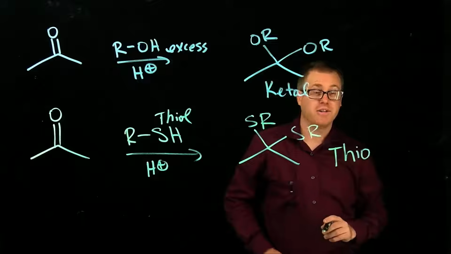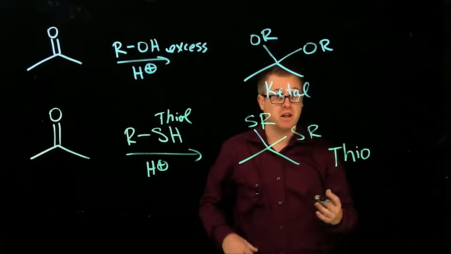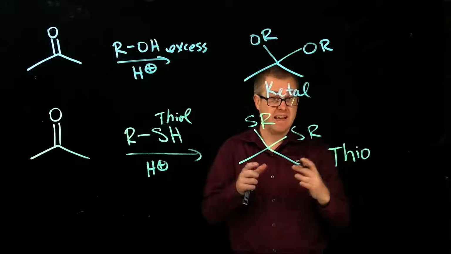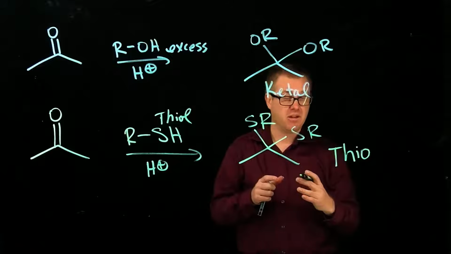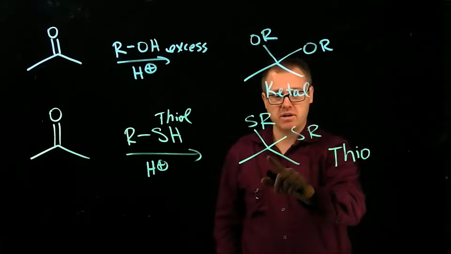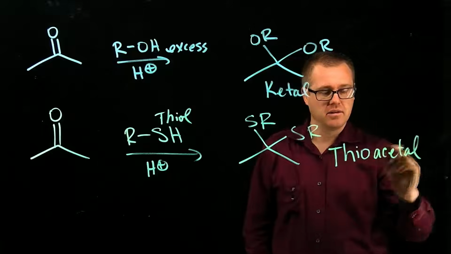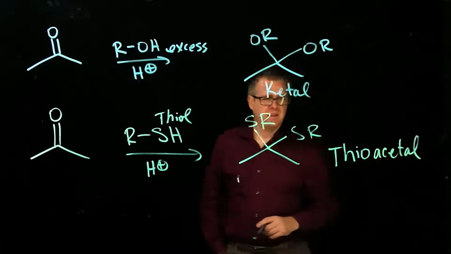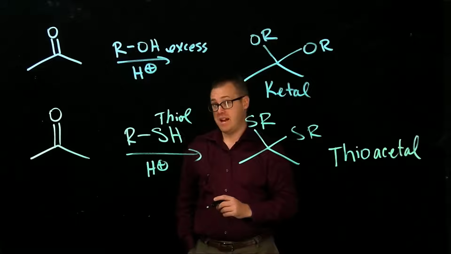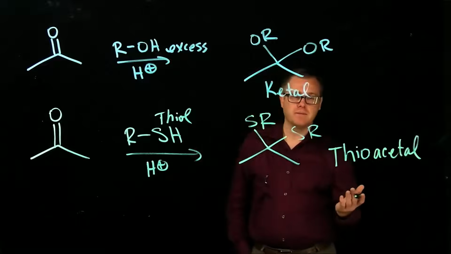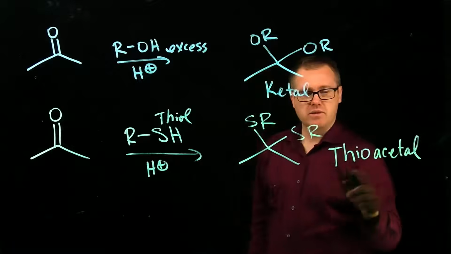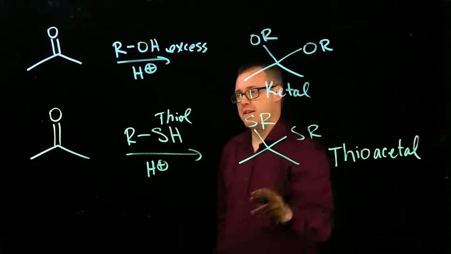Now your book, like I've been saying this whole time, clumps ketals and acetals together. So your textbook is going to call this compound a thioacetal. If you called it a thioketal, that'd be more correct. That's what your textbook calls it.